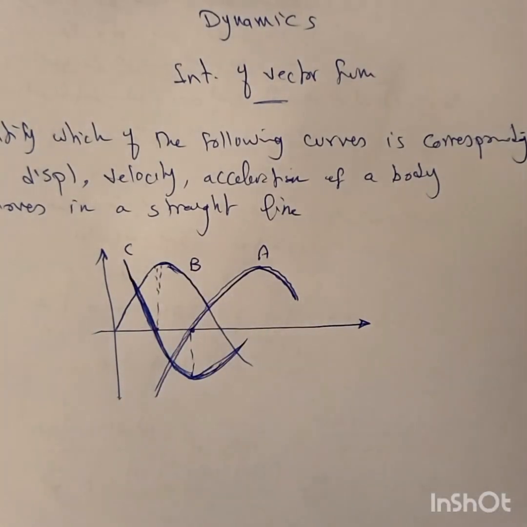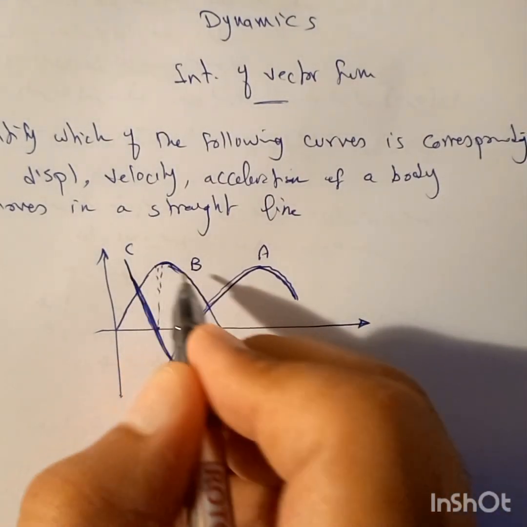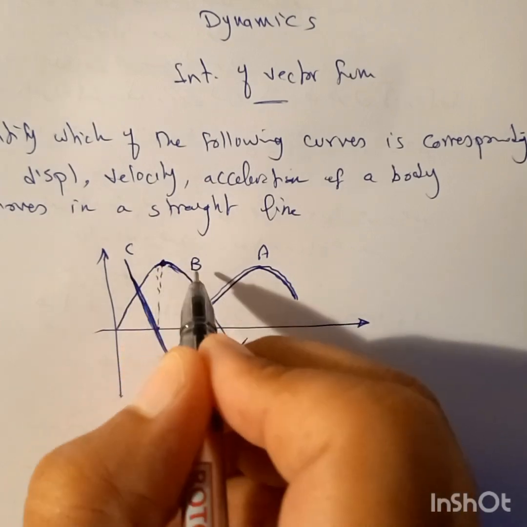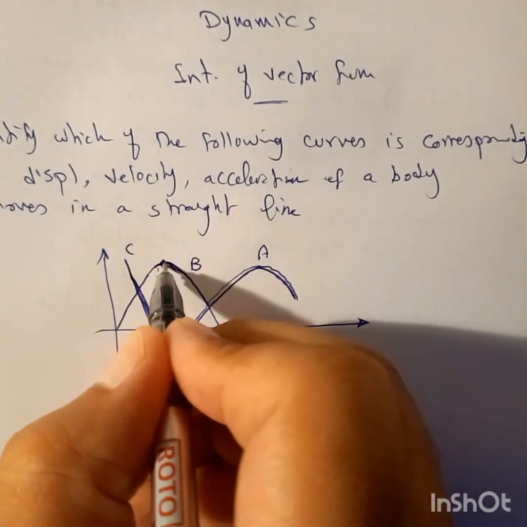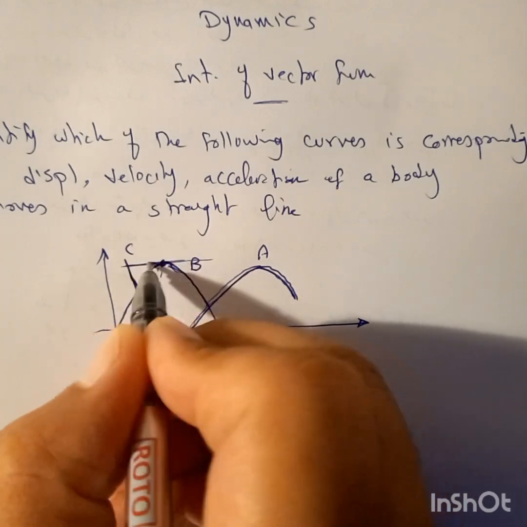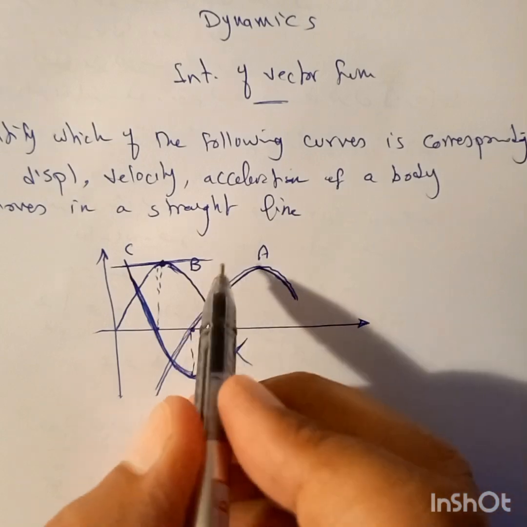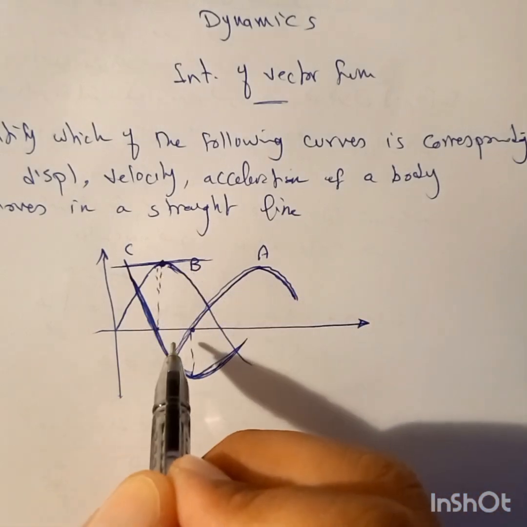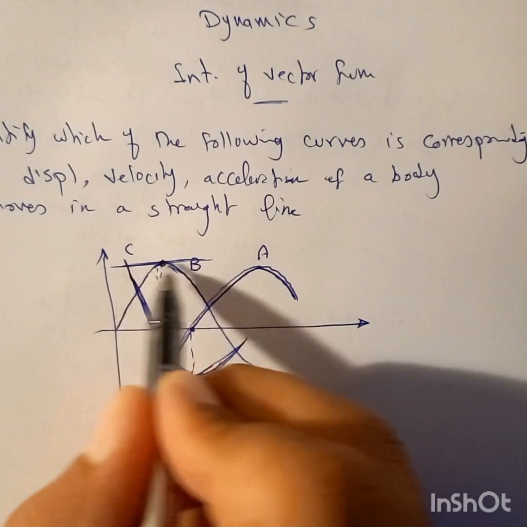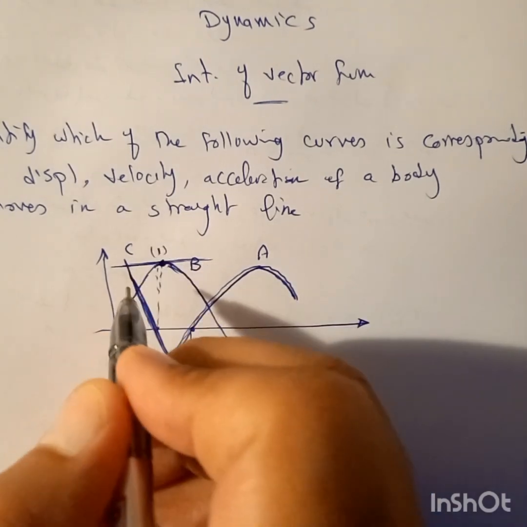The way to solve these kinds of problems is as follows. You first find any curve having a maximum point, for example this curve B, and from this maximum or top point we can draw a horizontal line parallel to the x-axis. This is the tangent, and this is the tangential point, for example point number 1.